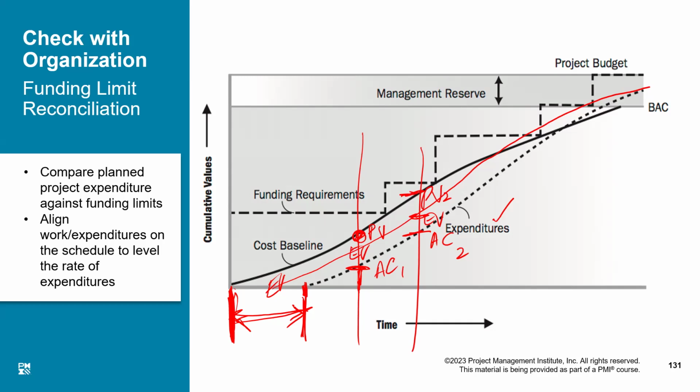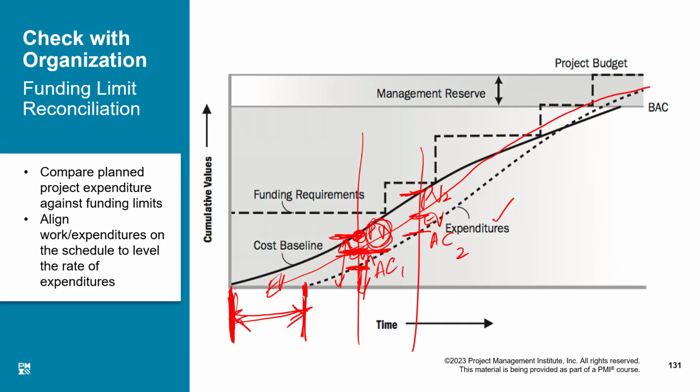Planned value is how much work we should have completed according to the plan by this time, right? For example, if I take this point, we should have done this much work, which according to the plan is budgeted for this value. Actually, what we have actually performed till now is this much work.